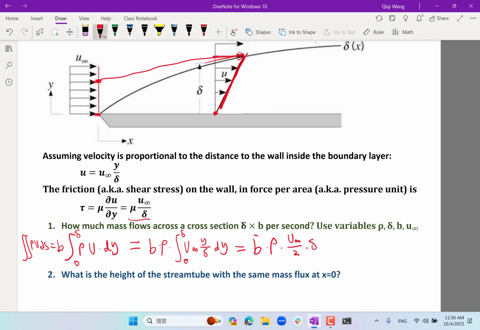The stream tube means if I draw a tube over here, then there is no mass flowing either out or into the stream tube, right? A stream tube is bounded by streamlines, which means there is no mass flux in or out. Of course, there is also no mass flux in or out of the wall, right? So that means the mass flux out has to be equal to the mass flux in.